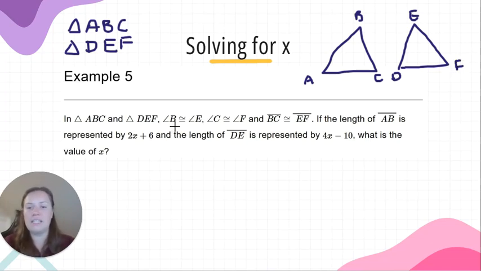And they tell us that angle B is congruent to angle E, so I'm going to mark it with my angle tick mark. Angle C, double, is congruent to angle F, double. And then they tell us that BC is congruent to EF.